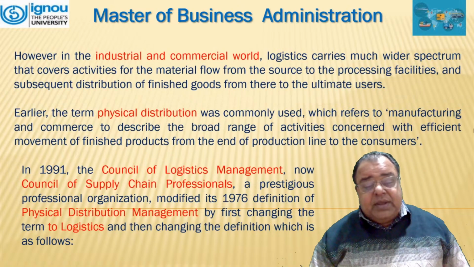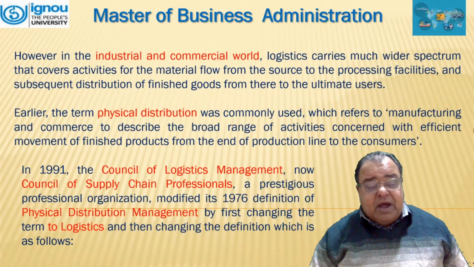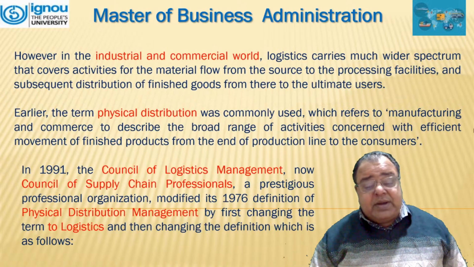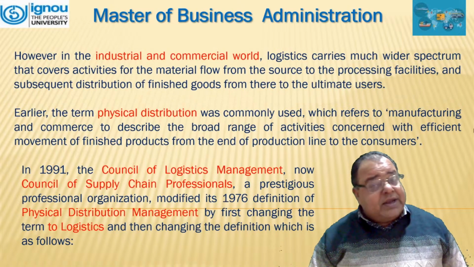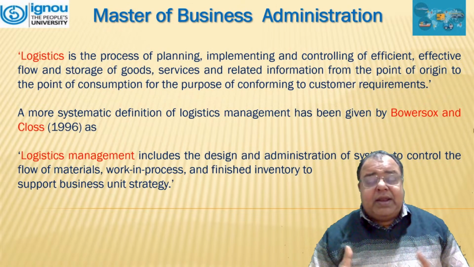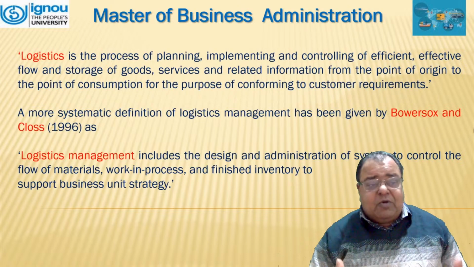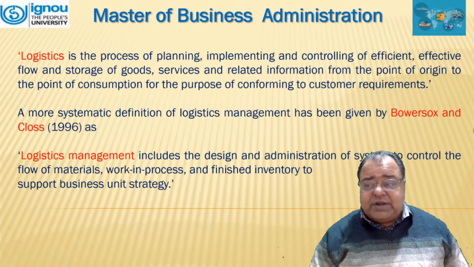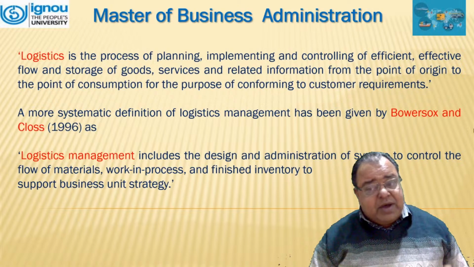In 1991, the Council of Logistics Management, now known as the Council of Supply Chain Management Professionals, a prestigious professional organization, modified its 1976 definition of physical distribution management by first changing the term to logistics and then changing the definition: logistics is a process of planning, implementing, and controlling the efficient, effective flow and storage of goods, services, and related information from the point of origin to the point of consumption for the purpose of conforming to consumer requirements.